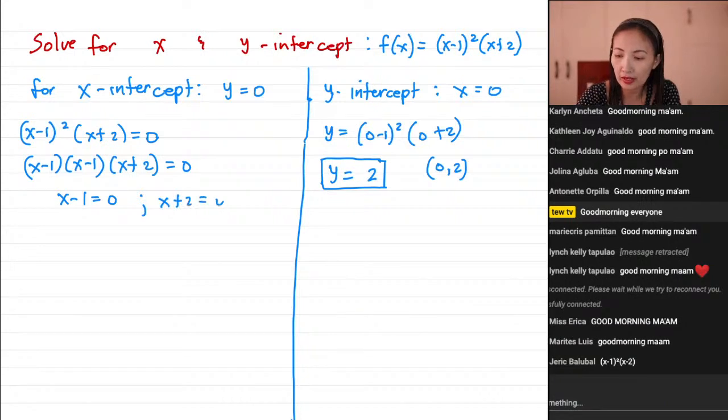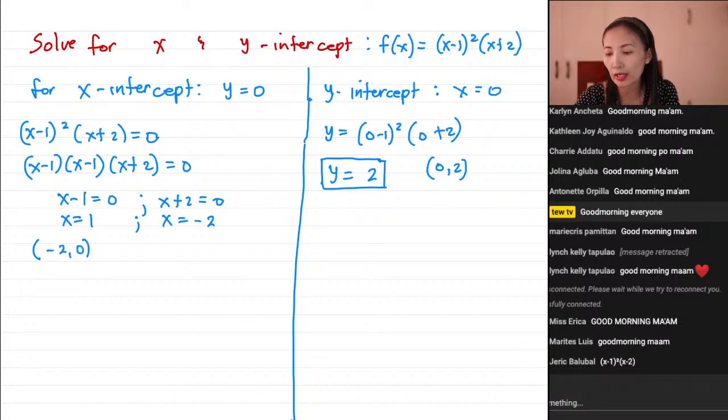The first x value will be positive 1 and the second x value is negative 2. So, we now have the points at which the graph crosses the x-axis: negative 2, 0 and 1, 0.